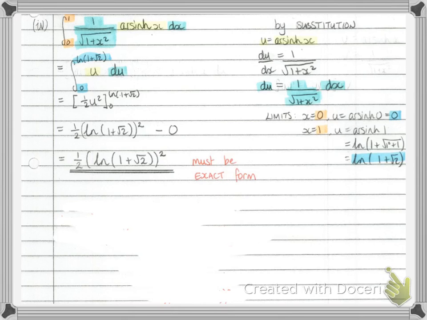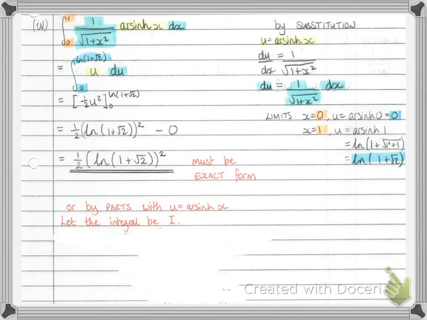Okay, the other method we could use has a bit of a trick to it that's quite useful. Doesn't come up very often on FP2, but it's worth just having a quick look. What you can do is integration by parts, where u is arcsin x.